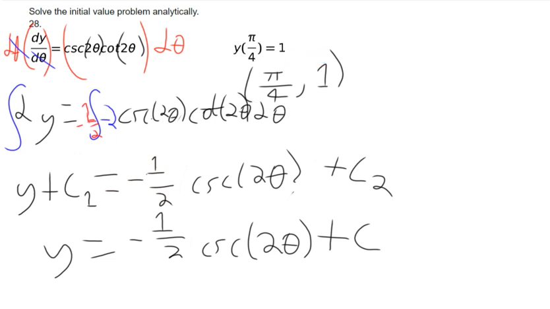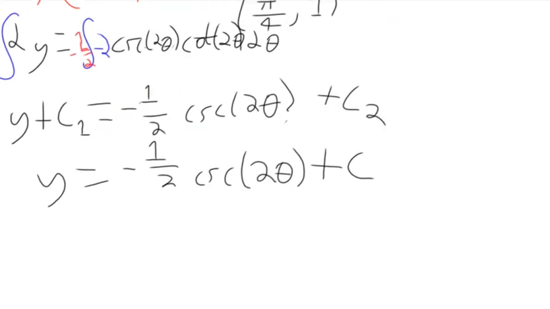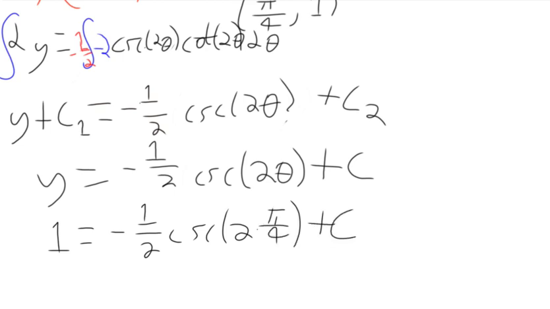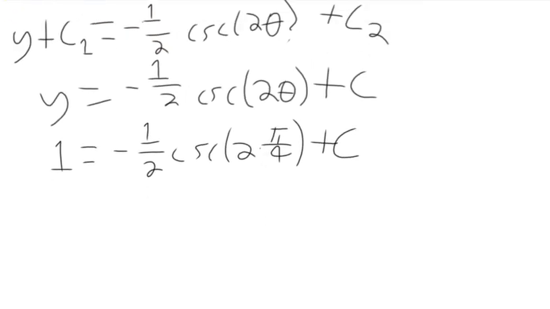So I'm going to plug in 1 for all my y's and pi over 4 for all my thetas. So I know that 1 equals negative 1/2 cosecant of 2 theta, which is pi over 4, plus a constant, and 2 times pi over 4, that's going to give me a pi over 2 in here.